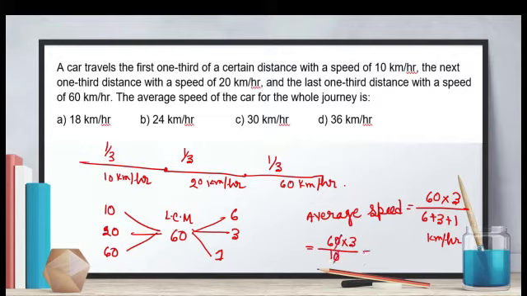So it will be 18 kilometer per hour. So which is the option? Option 1. Option 1 is the right answer.